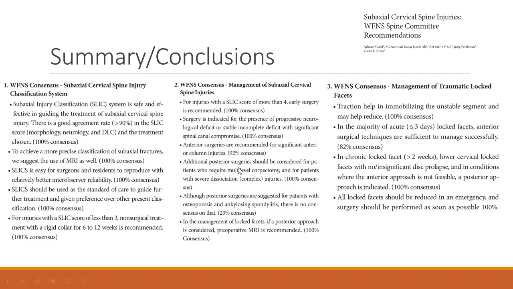The role for posterior surgeries for those who require larger constructs and with complex injuries. And then the suggestion of consideration for posterior surgeries in those with osteoporosis or ankylosing spondylitis. Similarly, this endorses the use of traction, especially within the acute period prior to the OR, within the emergency department in the neuro-intact patient.